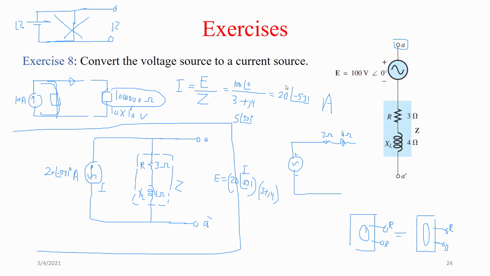When you multiply these two, you're going to get 100 angle 0. It's going to be here, 100 angle 0. This is exactly like this. Is that okay?